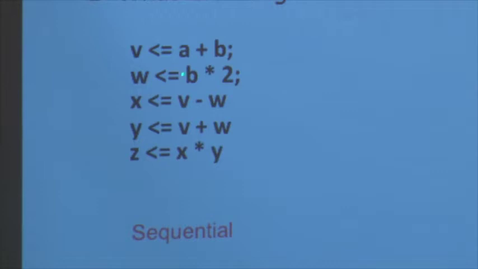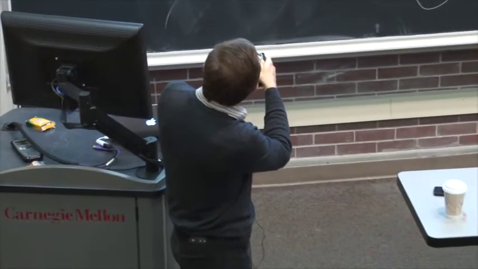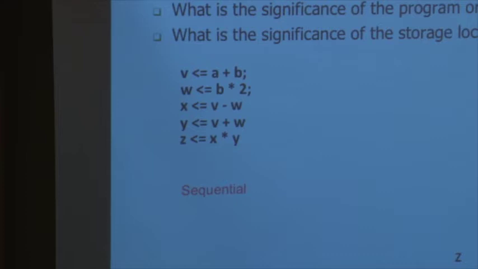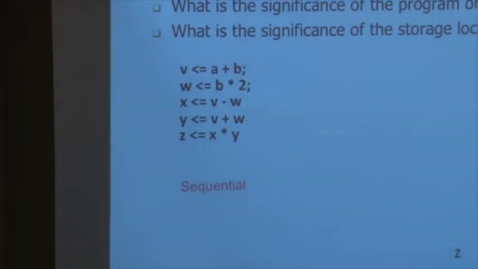This v and w are used to communicate the operands, data values produced by this producer instruction, a plus b and b times 2, to this next instruction that uses those data values. So assuming that no one else needs those values, v and w, you don't really need to store them, in fact. You don't need to allocate a register for them. If the whole purpose of these two storage locations is actually to enable the execution of the third instruction, why not directly communicate that data to that instruction, right? So you can do that in a data flow machine.